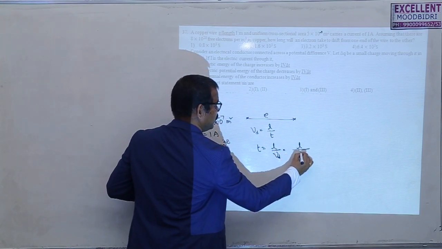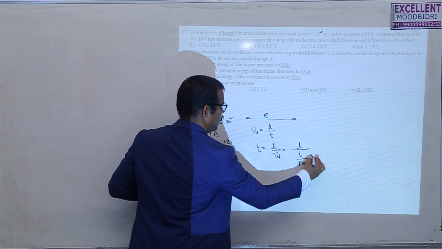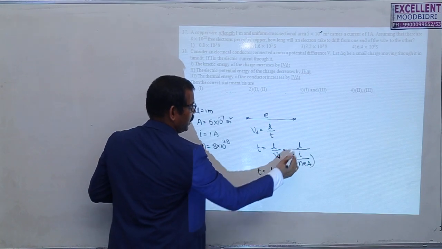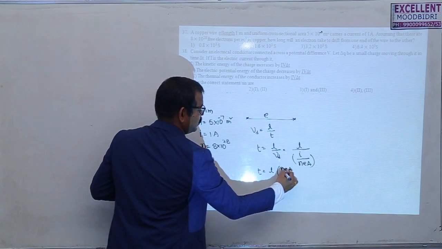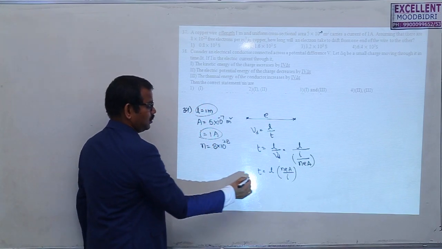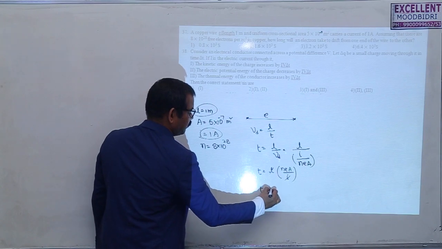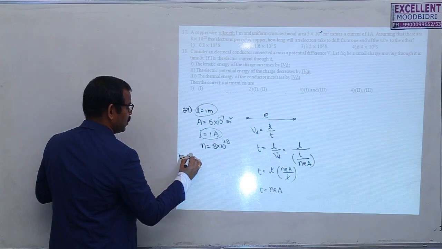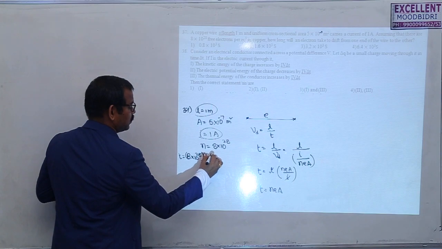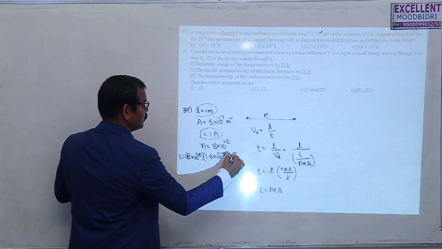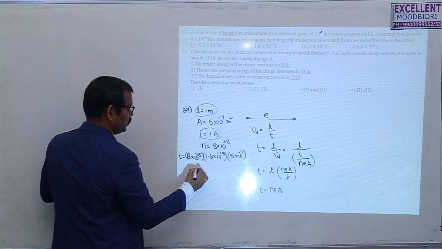So this is L by Vd, drift velocity is I by NEA. So now the time taken is L, and if you write this here, this will become NEA by I. We know that the length is 1 meter and the current is 1 ampere, so length and current get cancelled. Time taken is the product of NEA. So this time is equal to, number of electrons 8 into 10 power 28, charge of electron 1.6 into 10 power minus 19, and area of this one is 5 into 10 power minus 7.